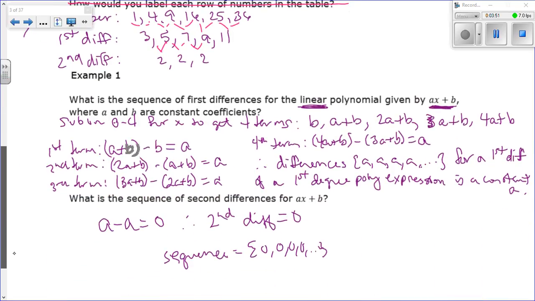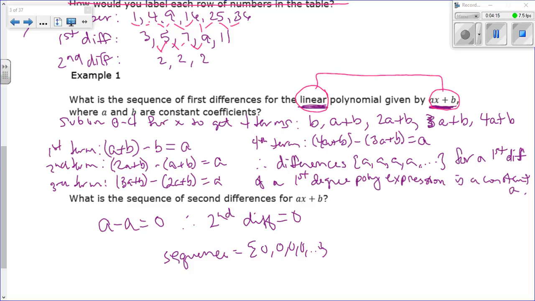So, what is the sequence of the first differences for the linear polynomial given by ax plus b, where a and b are constant coefficients? Well, linear and ax plus b is the same thing because that's y equals mx plus b form, and that is a linear equation like we talked about in the last unit.